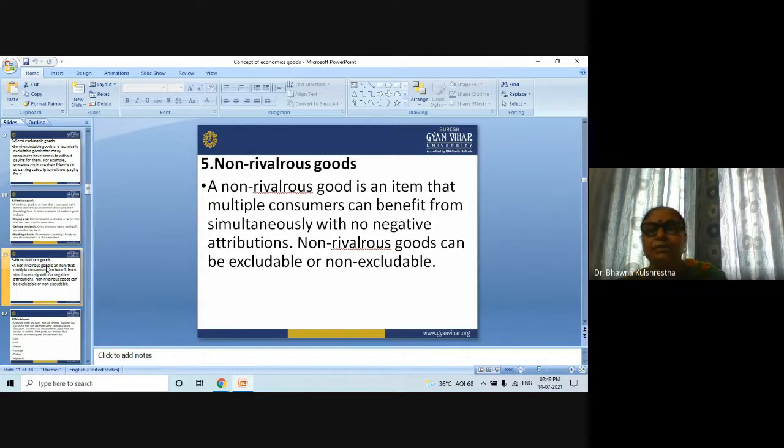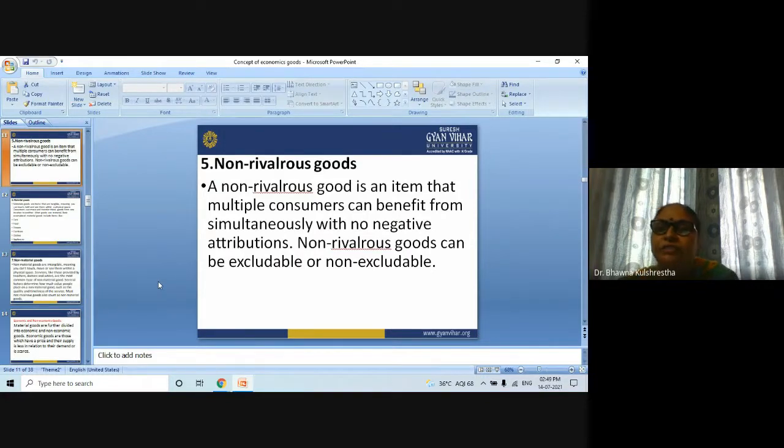In these types of goods, for example, a consumer can watch a TV show on cable, which is an excludable good, no matter how many people consumed it beforehand or are simultaneously consuming it.